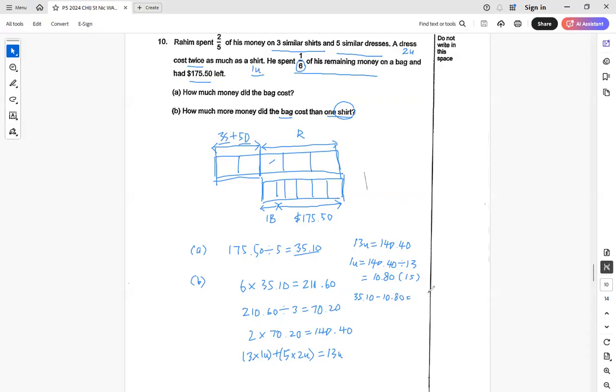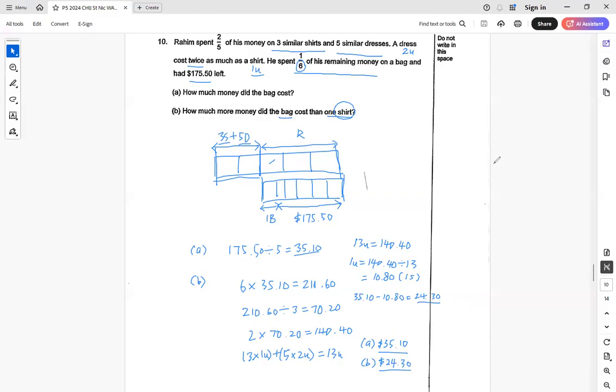We will get our answer, $24.30. So let me just write down the answer. For part A, the answer is $35.10 for the bag. And then for part B, the difference between the bag and 1 shirt will be $24.30.